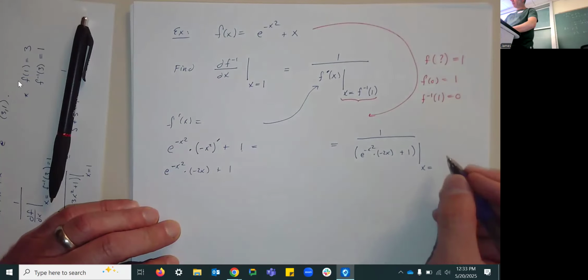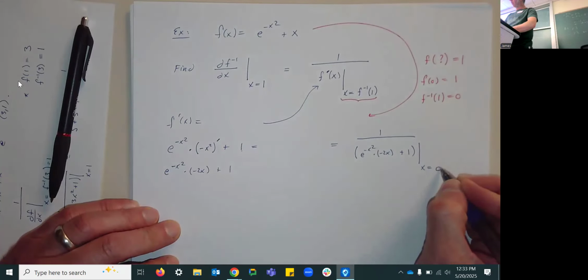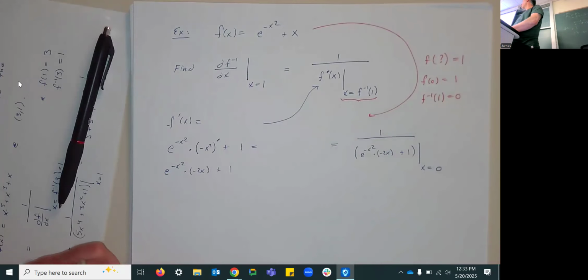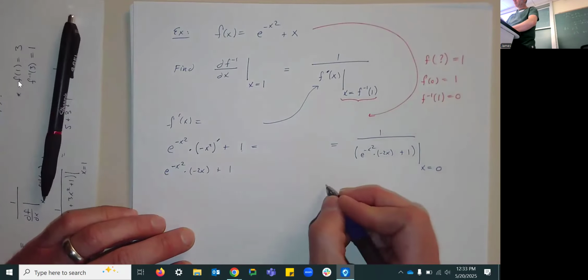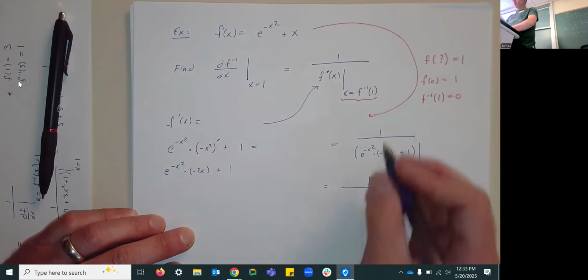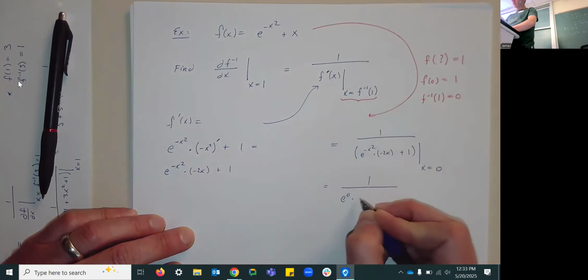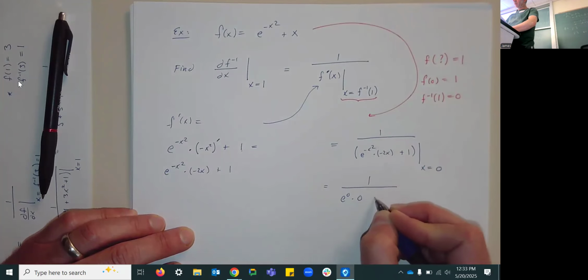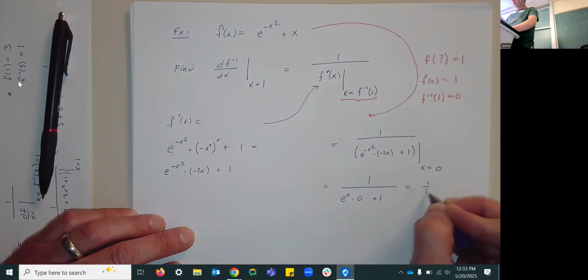So that means we have to plug in x equal to 0 here. If we do that, we're going to get 1 over e to the 0 times negative 2 times 0 plus 1, which is going to be 1 over 1, which is 1.